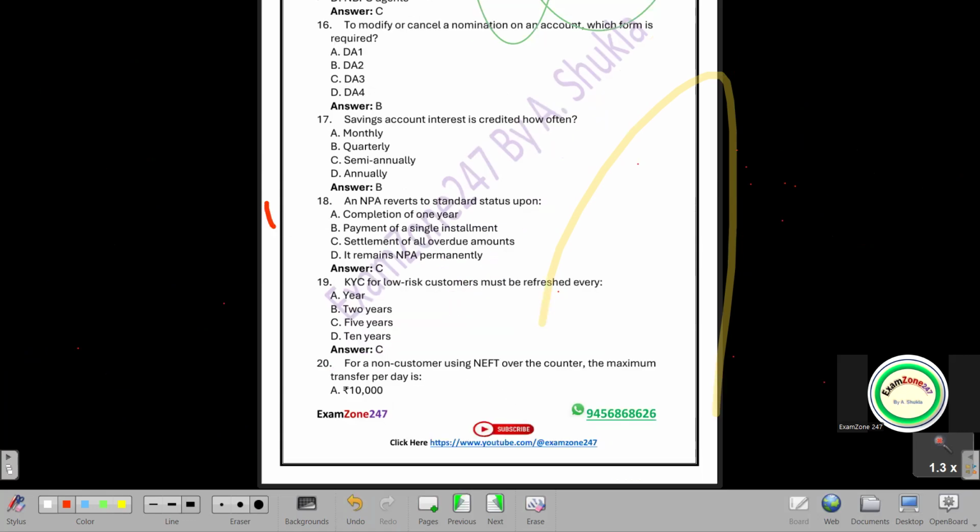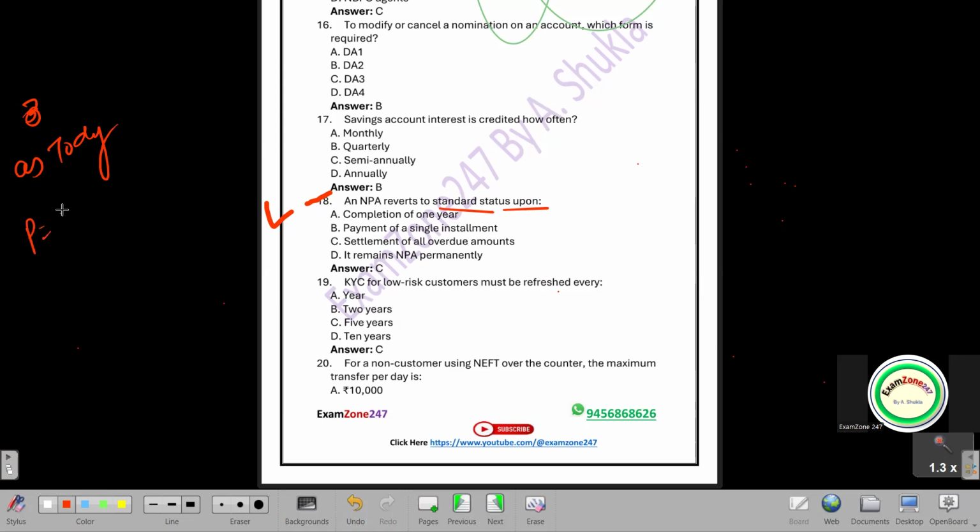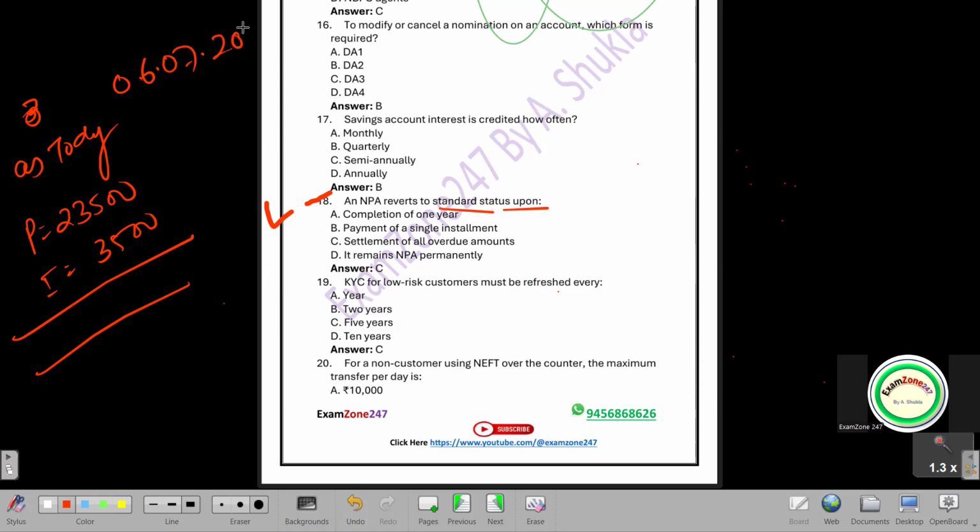When an NPA account reverts to a standard account. Suppose as on today the principal portion is 23,500 and the interest portion due is 3,500, and suppose today is 6/7/2025.